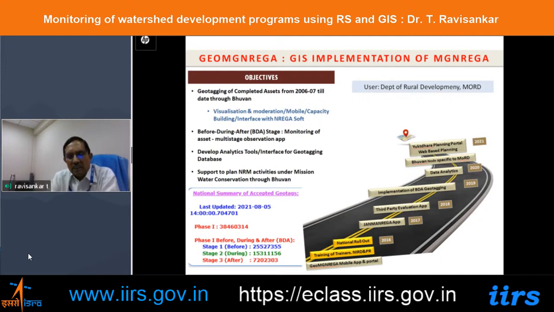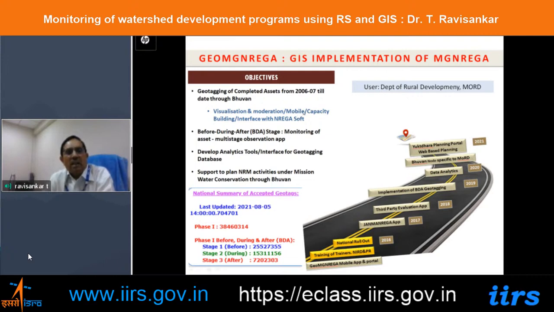The services are drawn from the NREGA site to Bhuvan, and after the geotags and analysis are done, they are pulled back by the NIC of the DoRD department. So it is a push and pull of services from both sides, so that the information is shared and consistency is maintained at both portals. This is one of the strong elements in this project.